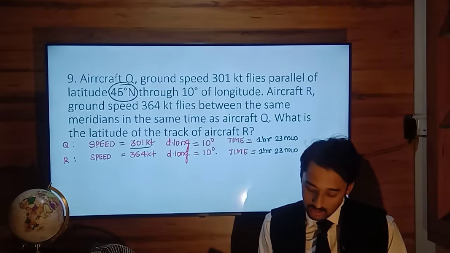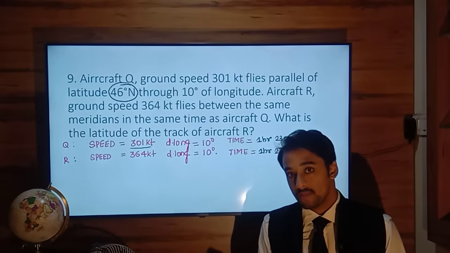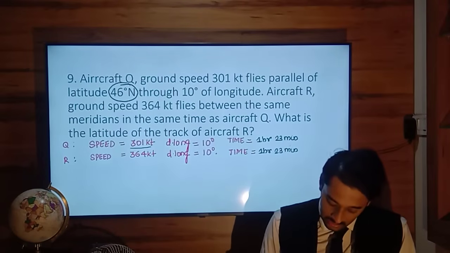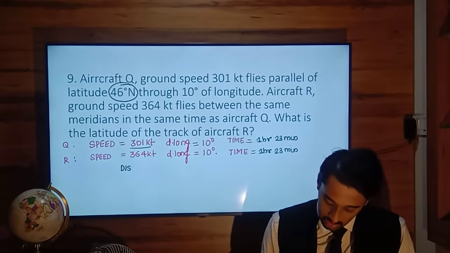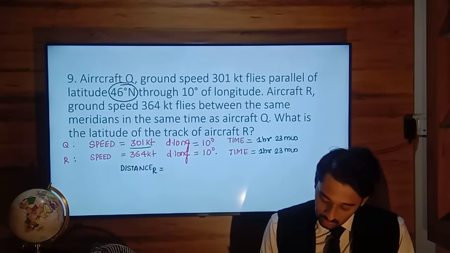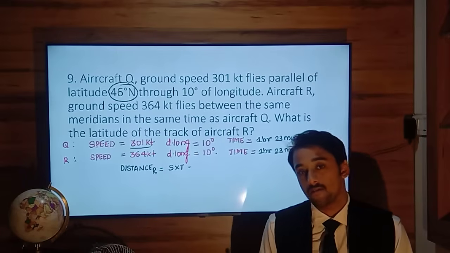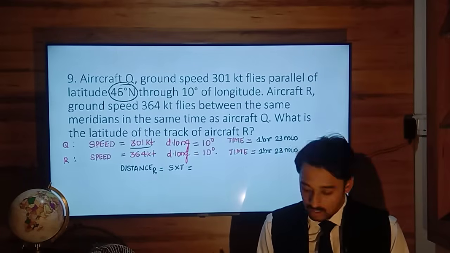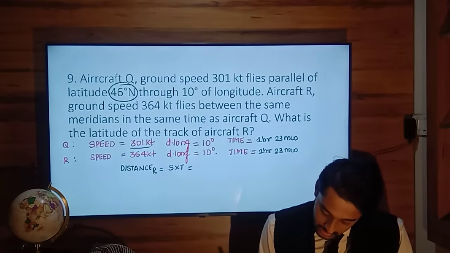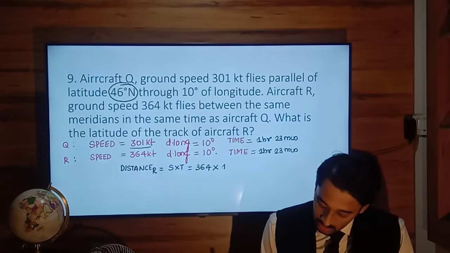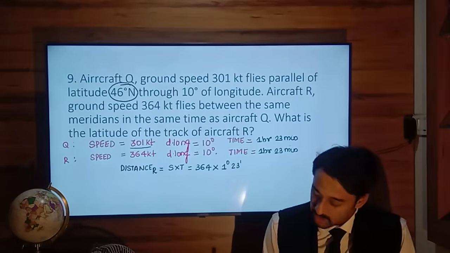So we have speed and we have time, so we can easily calculate the distance for aircraft R, which is equal to speed times time. Speed is 364 knots, time is 1 hour 23 minutes.